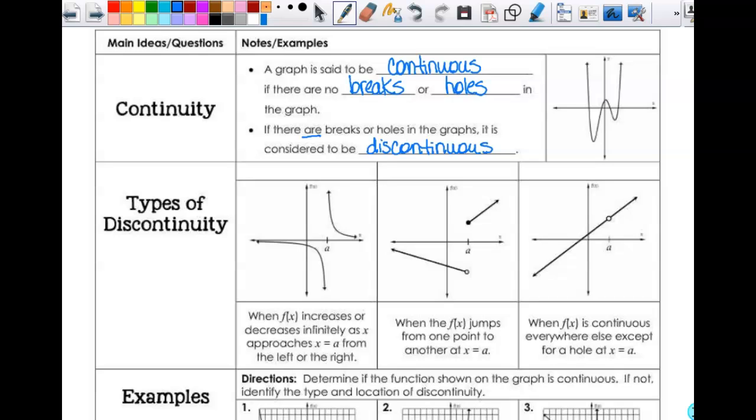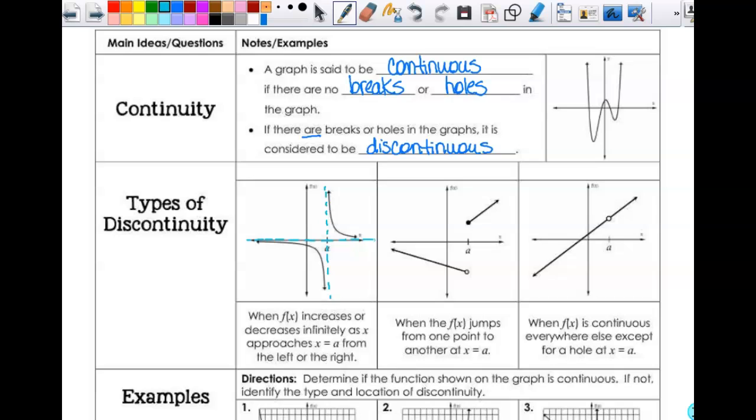So there are 3 types of discontinuity that we are going to talk about. So in this first graph, what do we know that graph has that we don't see? Asymptotes. There is a vertical asymptote right here at A, and there's a horizontal asymptote right here at 0.